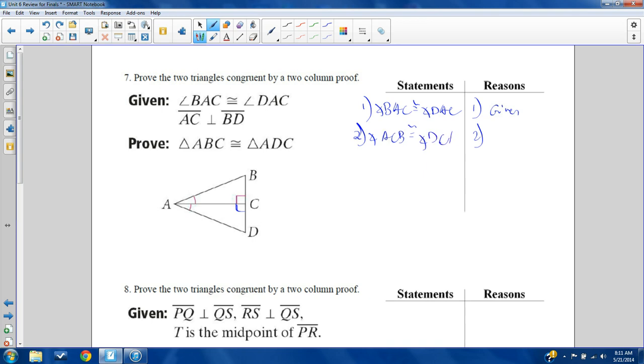Now, some teachers and some scores and such, they want you to add a different line of dialogue and say these are 90 degrees because of this reason. I'm skipping that statement, kind of. I want you to know that they are 90-degree angles for that reason. That AC is perpendicular to BD.